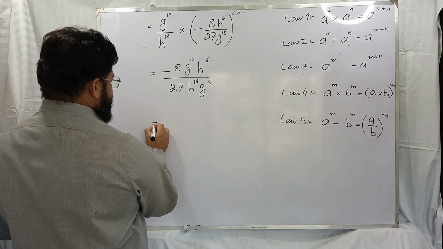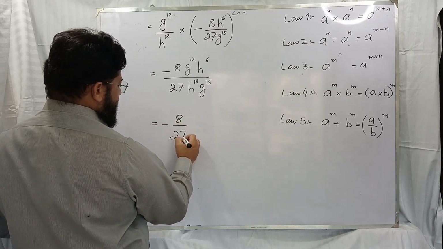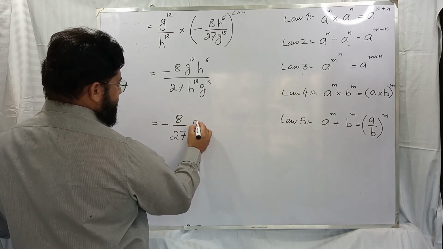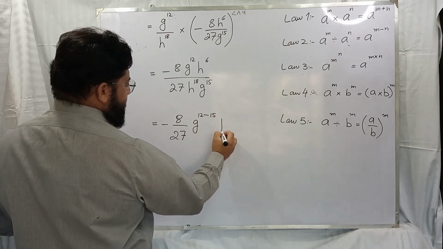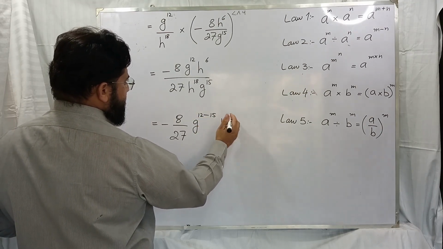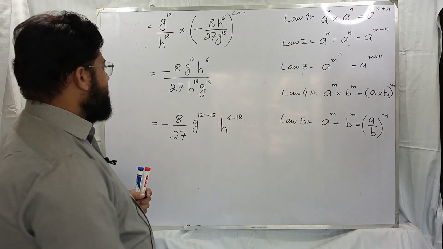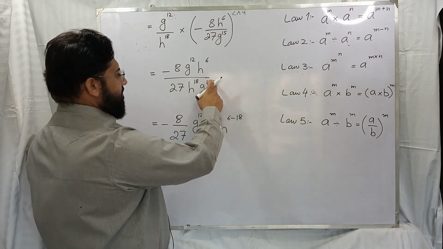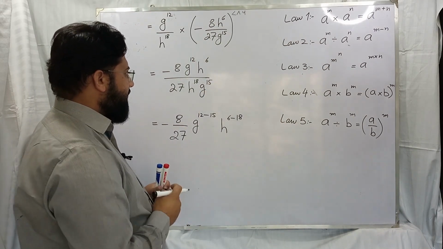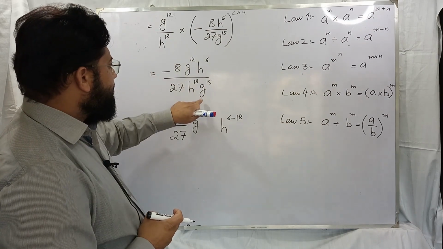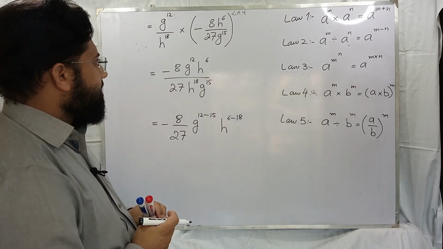Next, minus 8 over 27, g 12 minus 15, h 6 minus 18. If you take a number from denominator to numerator, its value will be subtracted. g12 divided by g15 will be g 12 minus 15.